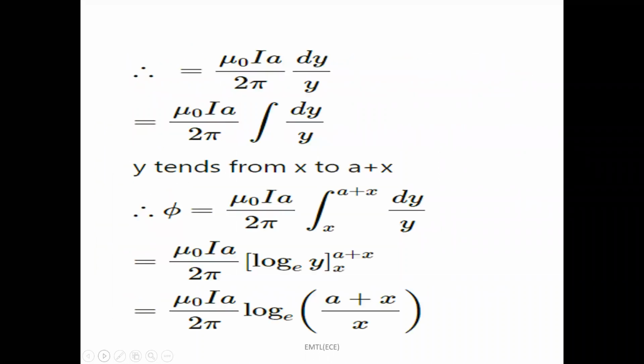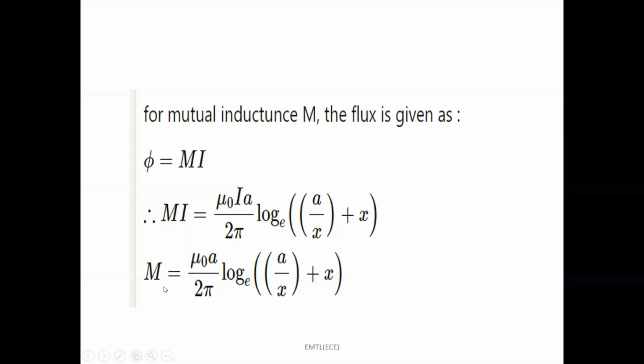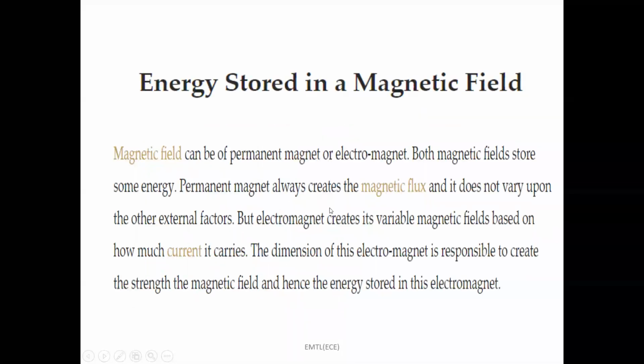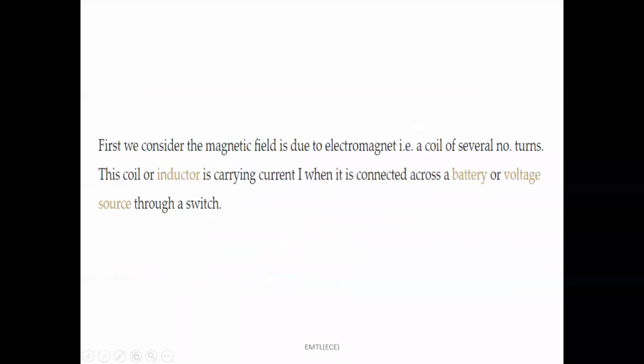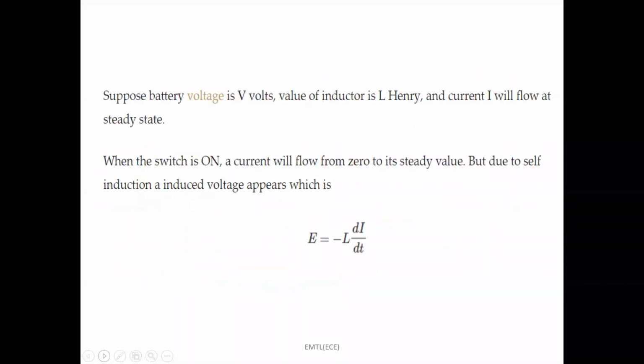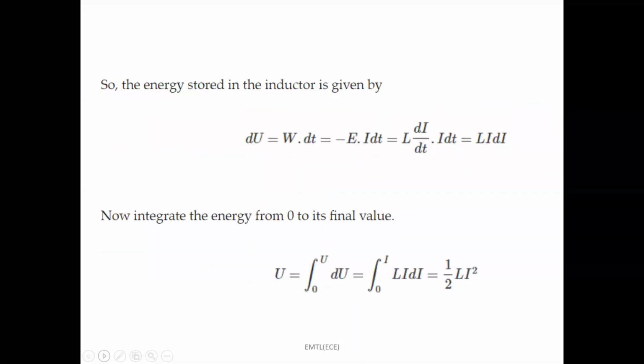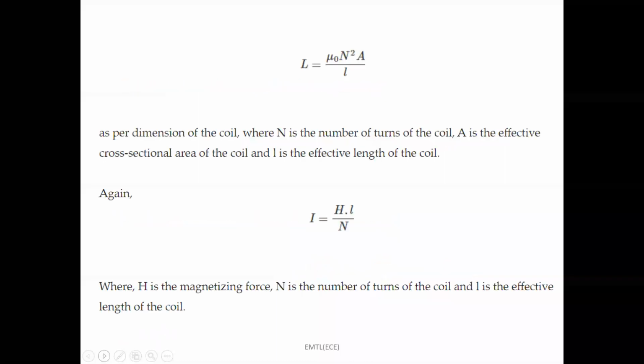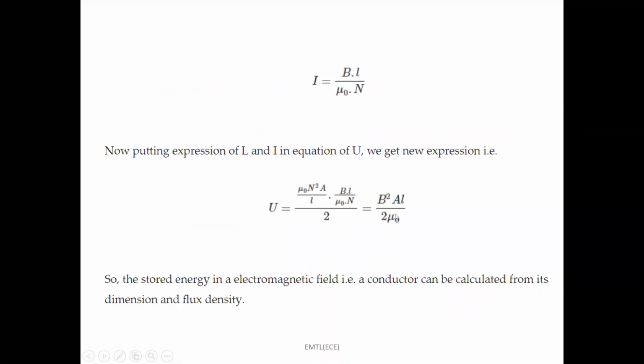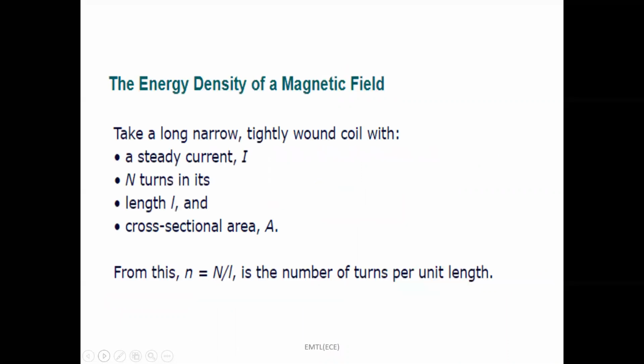The expression for this is M is equal to mu naught A by 2 pi log of A plus X by X. And the next concept is energy stored in a magnetic field. That value is U is equal to half L I square. And by substituting the value of L and I, this energy stored we can express as B square A L by 2 mu naught. And the next concept is energy density.